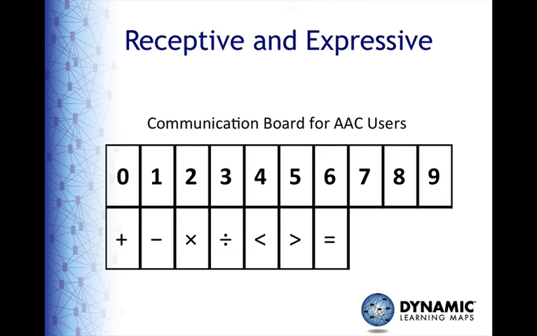The main idea of this section of the presentation is that we need to build students' receptive and expressive language in mathematics. For students who use augmentative and alternative communication, they should have access to the symbols for all of the operations, including division, on a communication board with the number sequence, as well as access to their core vocabulary.